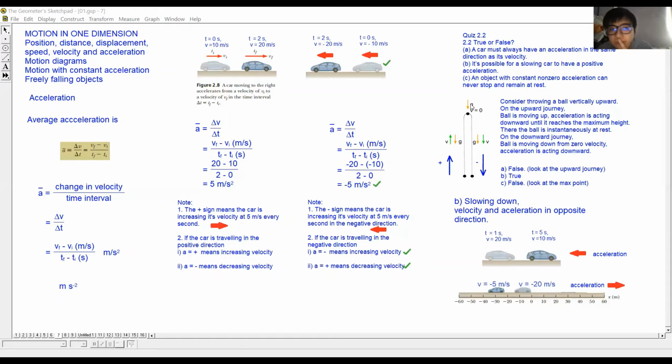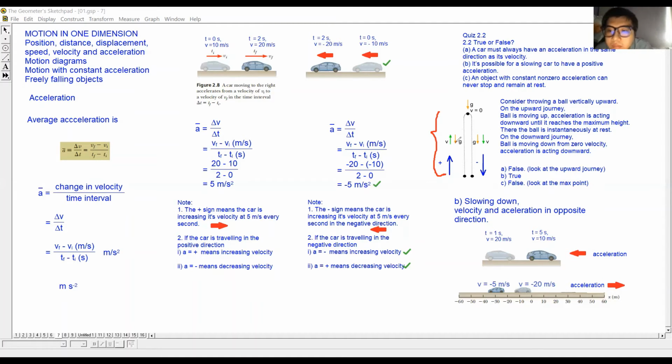Consider you are throwing a ball vertically upwards. Your upward journey is shown here on the left hand side. The ball is moving upward, so the velocity is given by the green arrow.